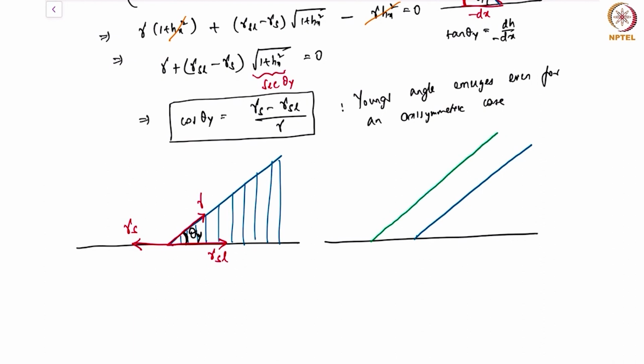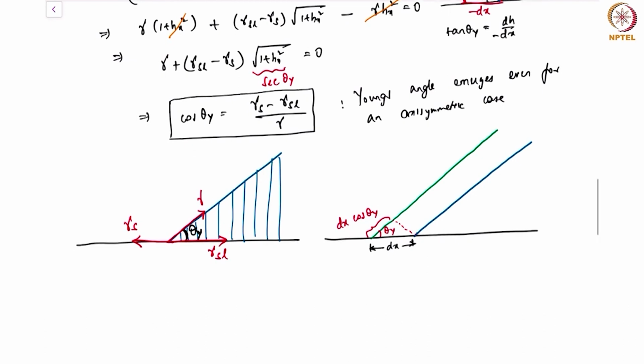My drawing skills are being tested here. That's the new position. So the angle has not changed, but the interface has moved by a distance of dx. And in the process, we have created an extra surface here, which is dx times cosine of theta y, right? This is theta y. The angle remains the same. Okay.